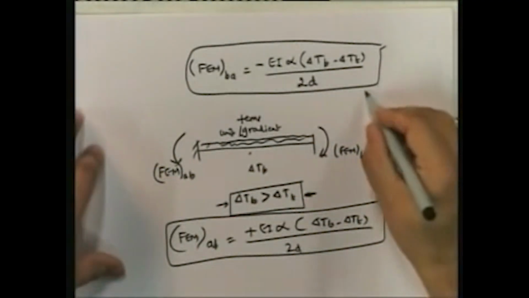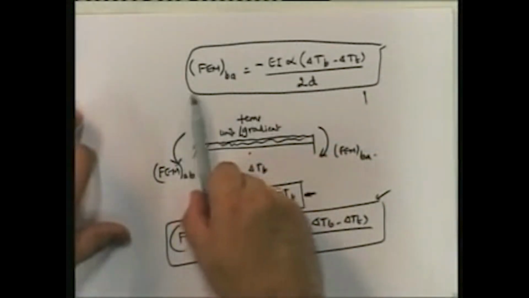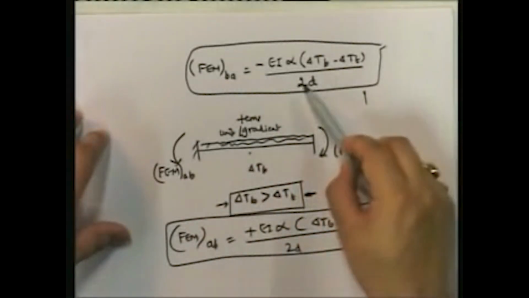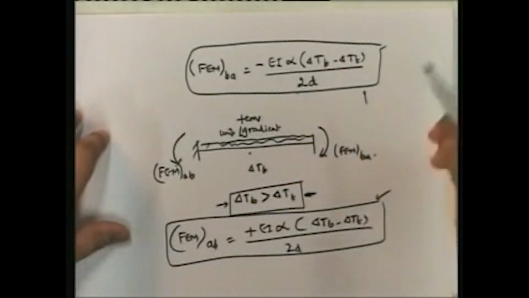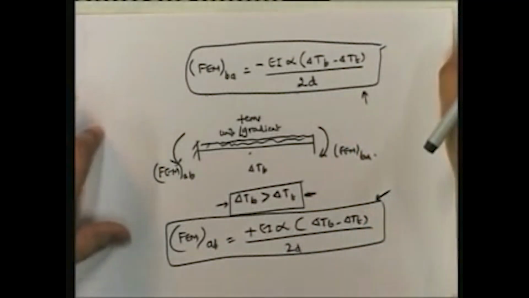Okay, so this gives you the expression. Now, if there is a different temperature variation, in other words, you have different variations of temperature across the lengths, then of course you will not get these two, you will get some other. But the fact is that you should be by now totally certain about how to evaluate this effect.